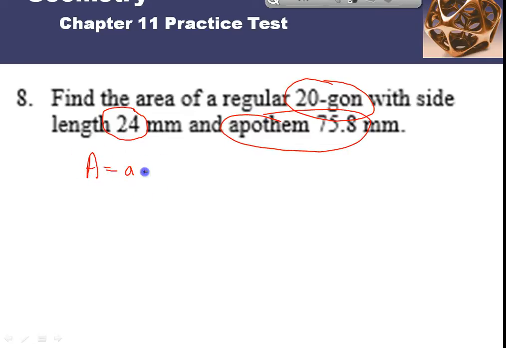It's the apothem times the perimeter divided by 2. Well, it gives us the apothem, it's 75.8. And we have to find the perimeter. So the perimeter is the number of sides, which is 20, times how long each side is, which is 24. And that, I believe, is 480.